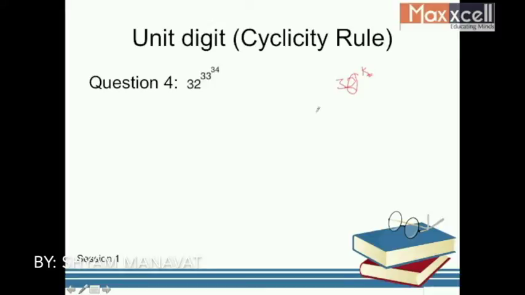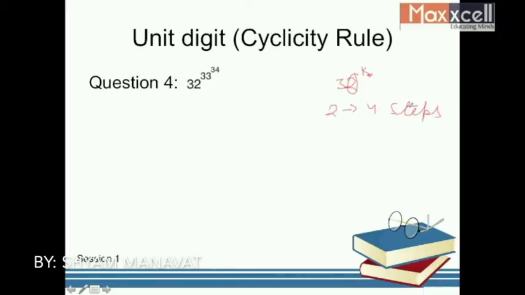Clear? Now, can we simplify this 33 to the power 34 practically? That will be very difficult, right? Then we'll apply something called brain. 2 to the power something has how many steps in the cycle? 4 steps.